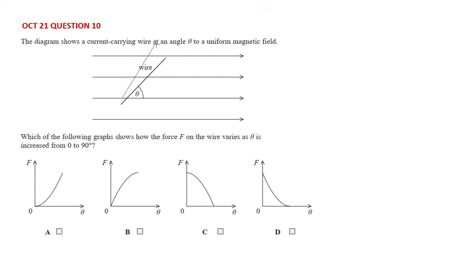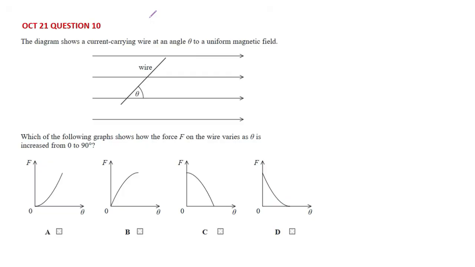Initially, it was parallel, but then it became perpendicular, right? So the question says how the force F on the wire varies. Of course, initially when it is parallel, force is 0, and when it became 90 degrees, the force became F, as in the maximum force.